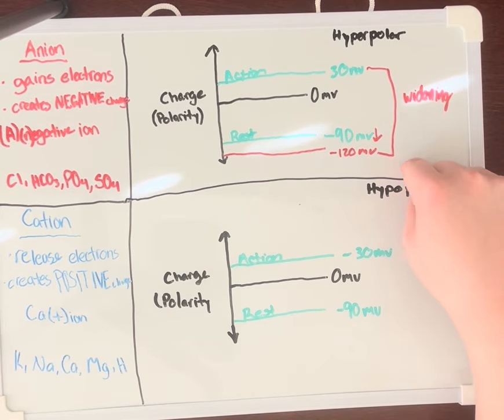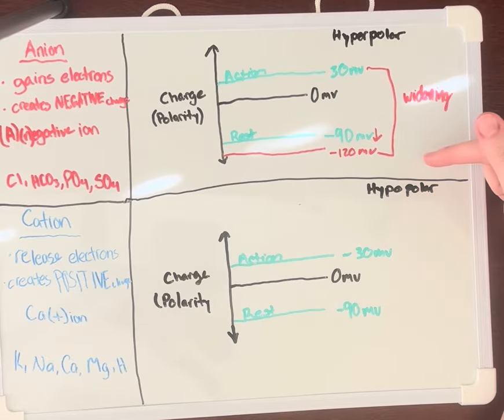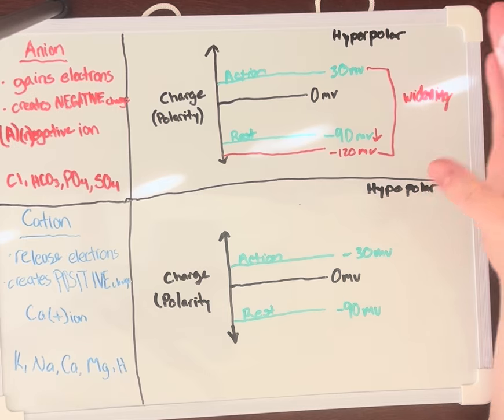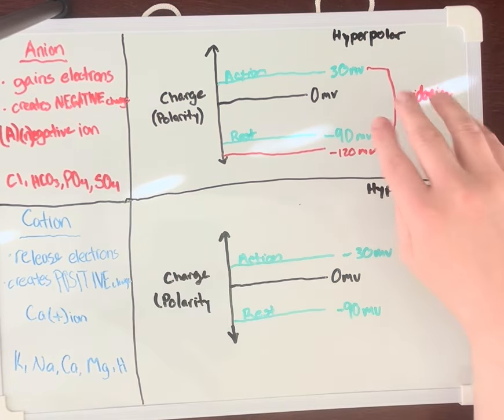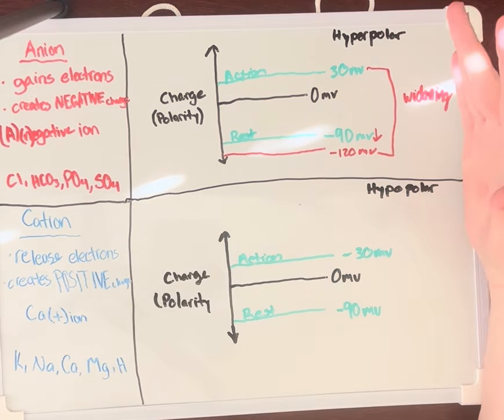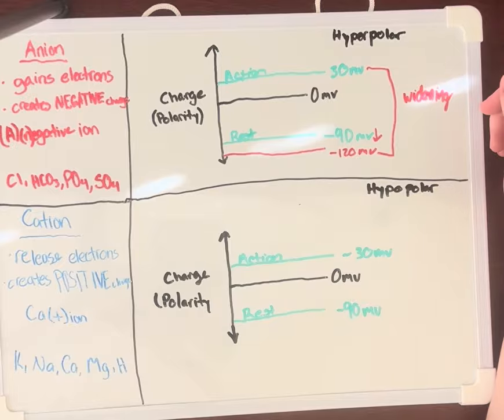So even though we're going to ignore that I just said those are different voltages, it drops it from like negative 90 to negative 120. So all of a sudden you're having to use way more cations to have anything happen, right? So you're going to have lethargy, or basically they're just not really with it. They're kind of slow.